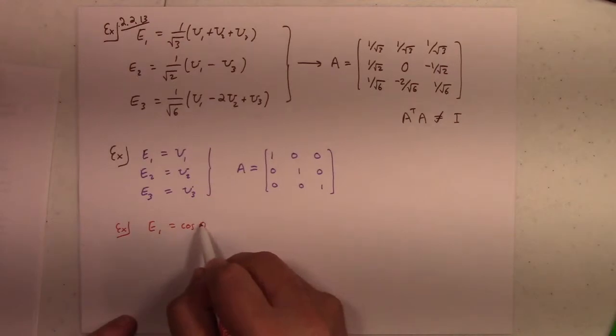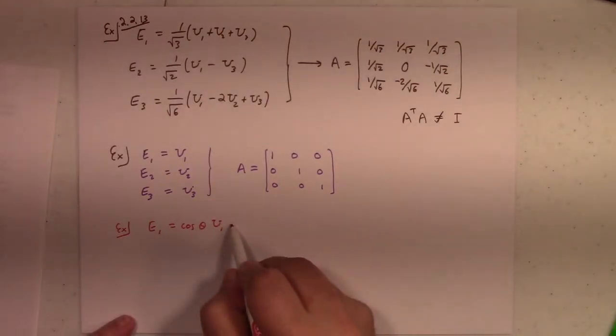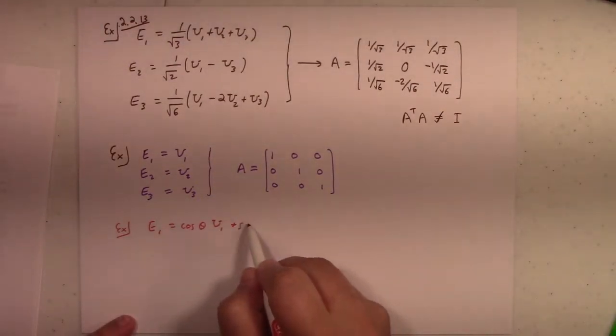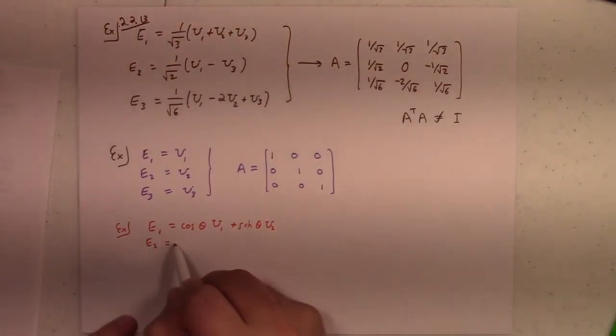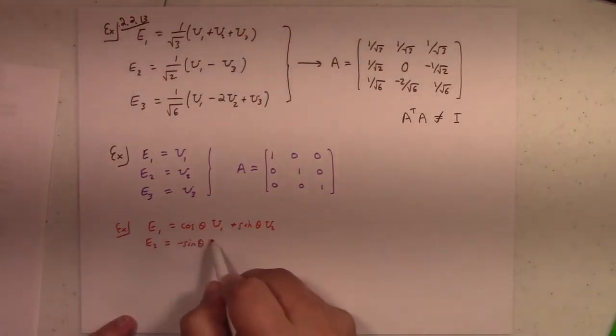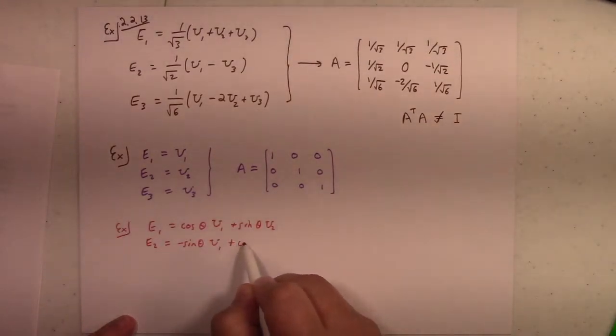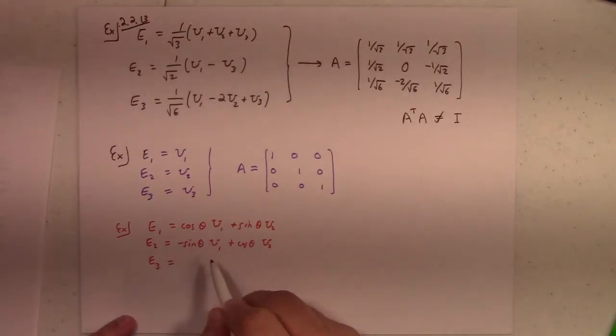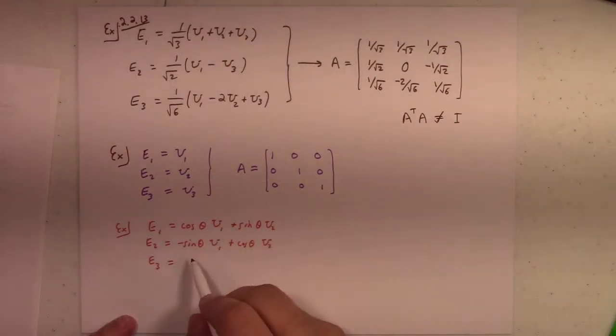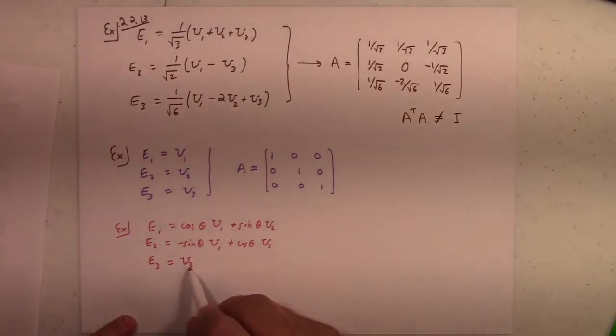So you got E1 equals cosine theta U1 plus sine theta U2. E2 is minus sine theta U1 plus cosine theta U2. E3 was of course U3.